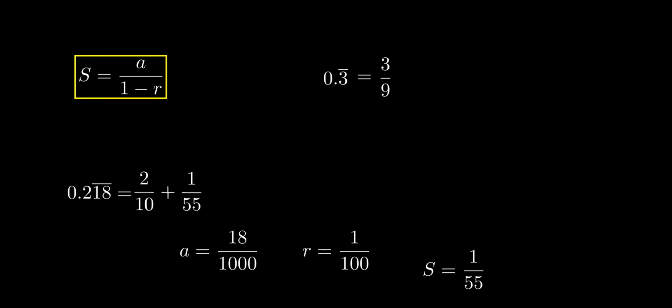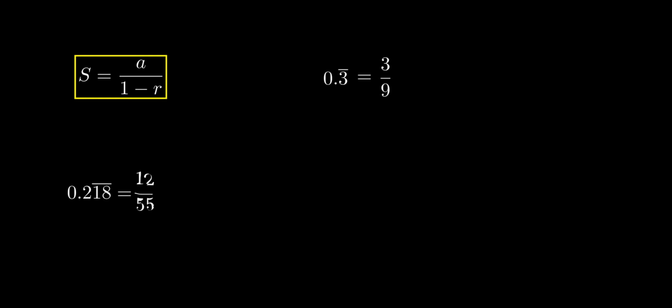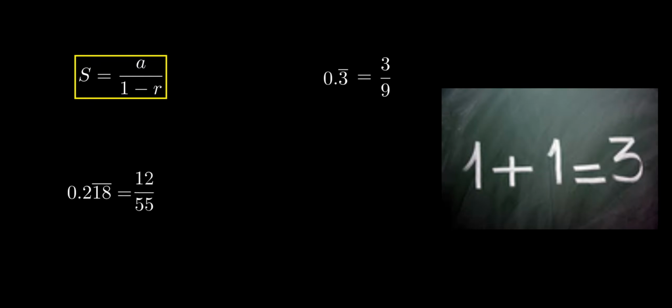Adding 2 over 10 plus 1 over 55, the LCM is 110, so we get 24 over 110, which, when we divide the numerator and the denominator by 2, we get 12 over 55, which is our answer. Now, with all this computation involved, it is very easy to make a silly mistake here and there.